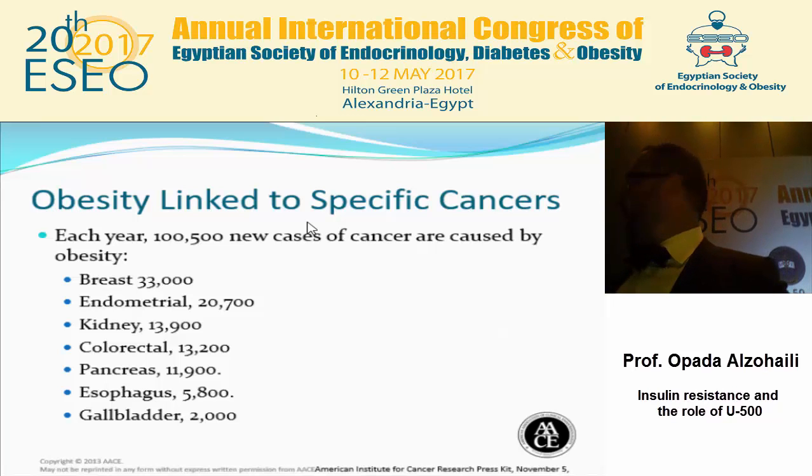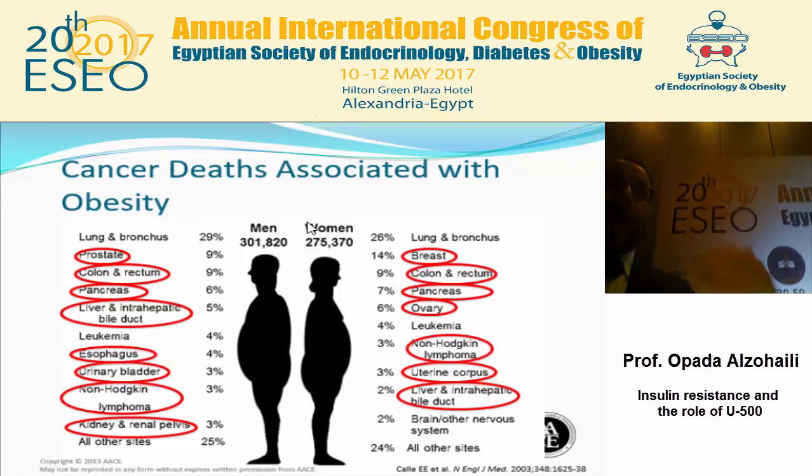What we're also noticing more and more is that higher insulin levels in these patients, so insulin-resistant obesity, can cause cancer. It's almost every single cancer, except for lung cancer, and not only incidence of cancer, but cancer mortality is connected to insulin resistance.